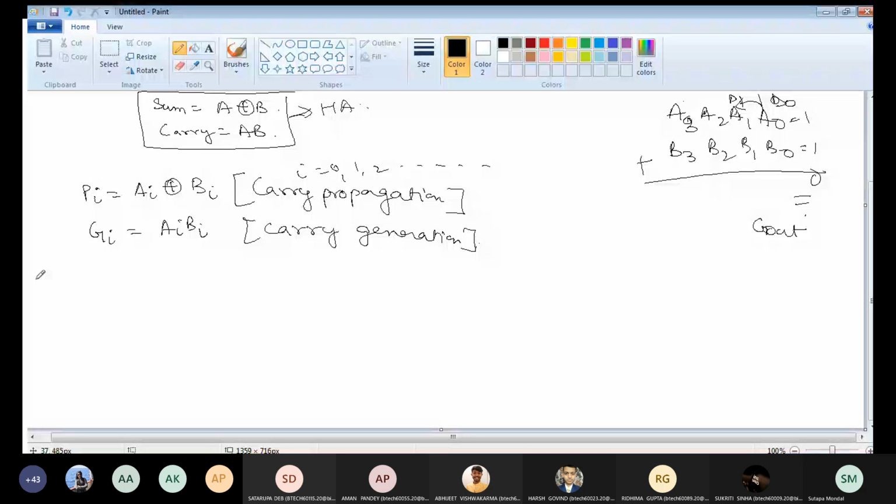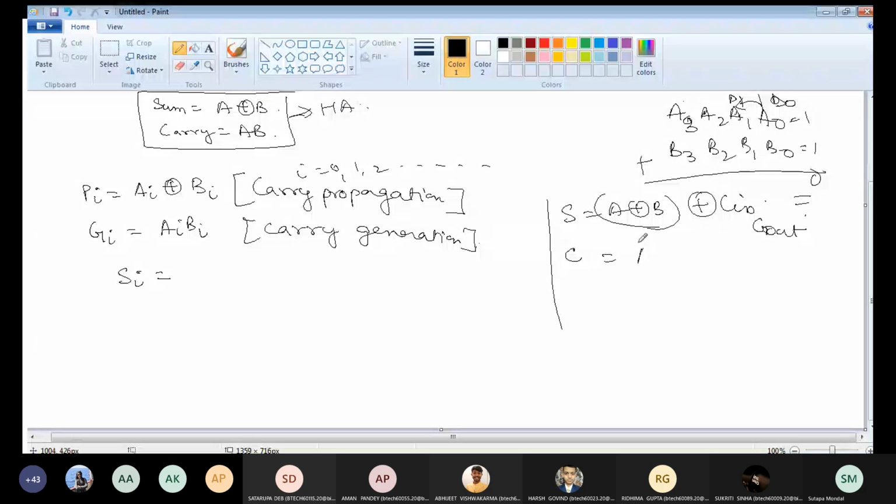So Si will be what? Suppose for a full adder, what was the sum? A XOR B XOR C in. And what was the carry? The carry was AB plus B C in plus A C in.